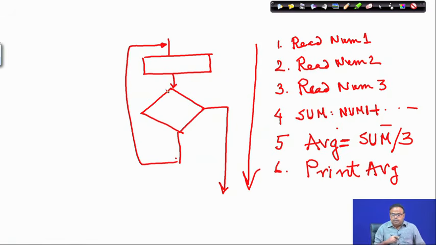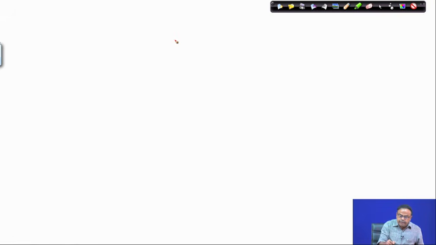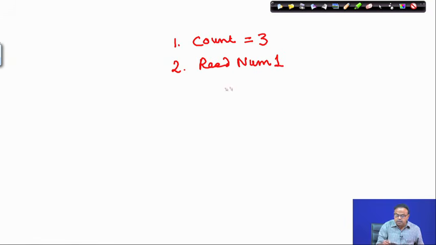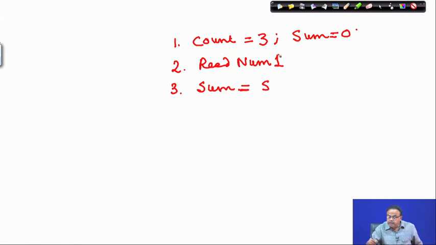But in this case, for example, when we are not writing this program in this form of pseudo code, instead I initialize say count to be 3, then read number 1, sum, and initially sum was assigned 0, and then sum is sum plus num.